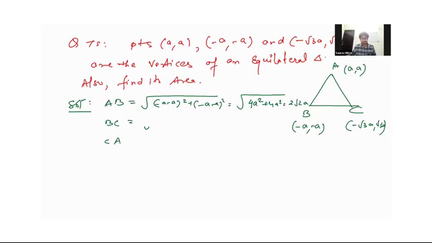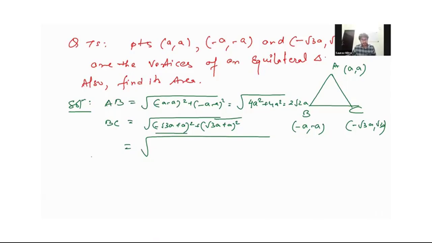For BC, it means C minus B: minus root 3a plus a whole square plus root 3a plus a whole square. This can be calculated using a plus b whole square.